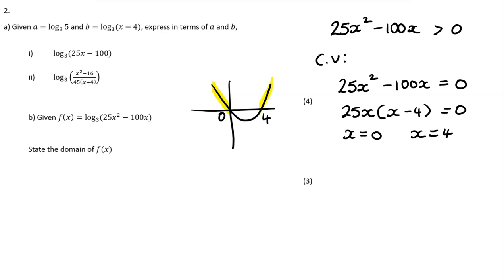So basically, if x is less than 0 or x is greater than 4, then this will be valid as a function. So this would be my domain. We can say that x can be any real number such that x is less than 0 or x is greater than 4. Potentially a question could also ask you to put that in set notation.